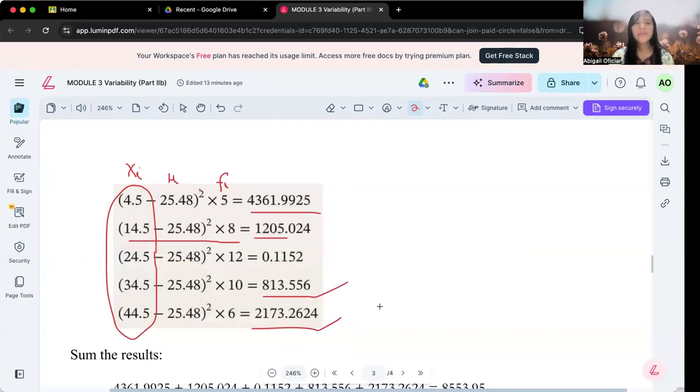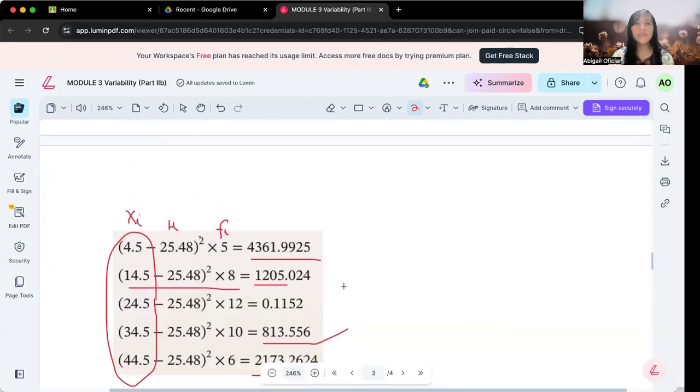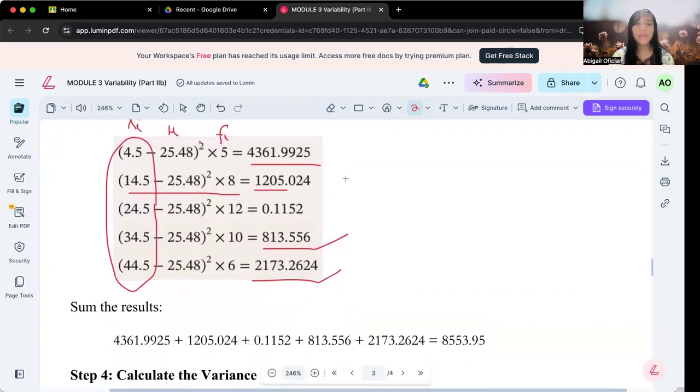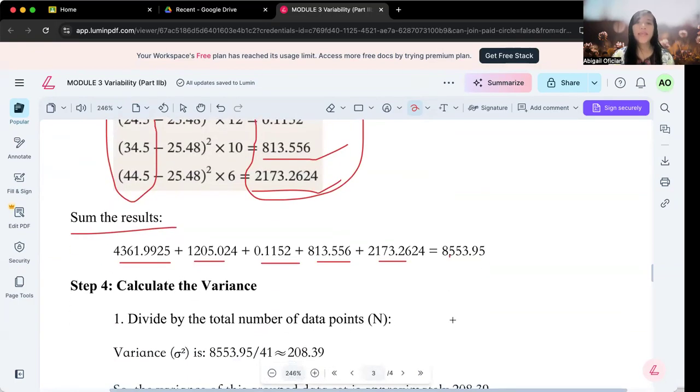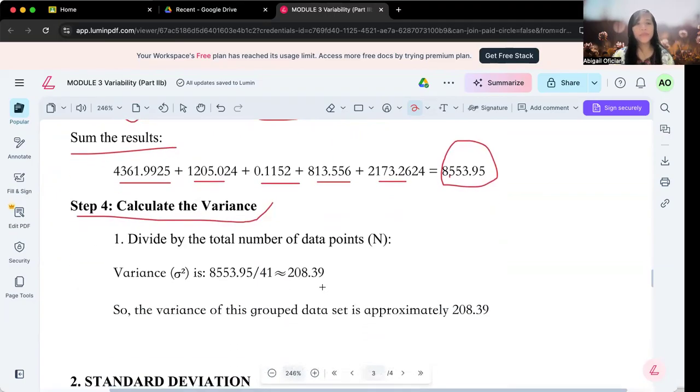Since we now have these values, we have to get the sum of these values. Just add those values, and once you add, you will get 8,553.95. Since we have this now, we will move on to step 4 to calculate the variance.